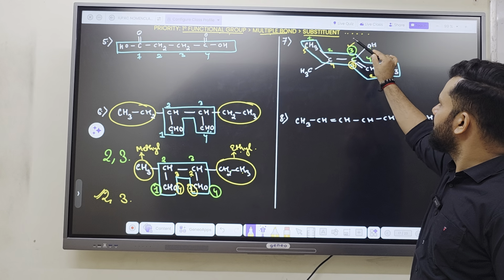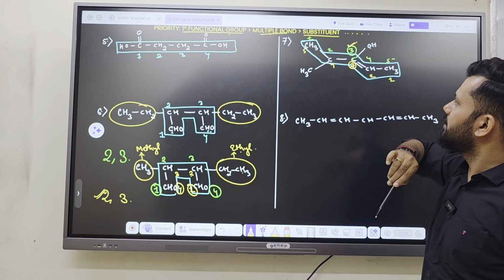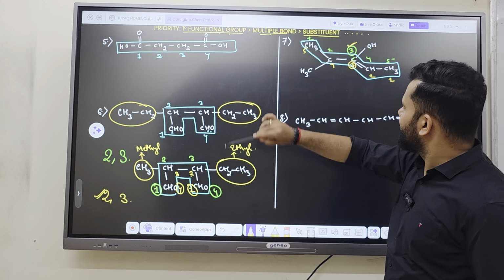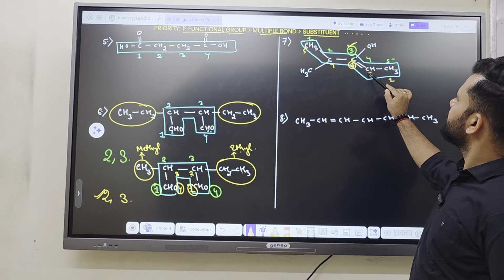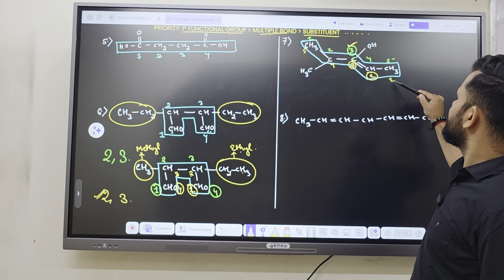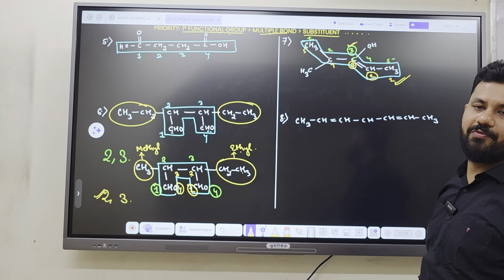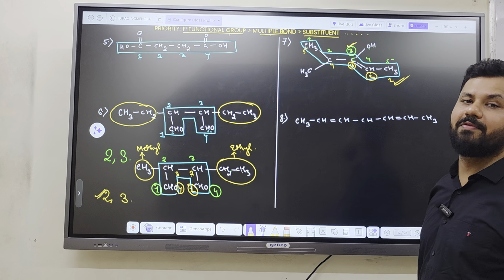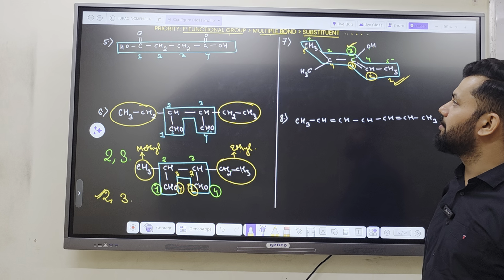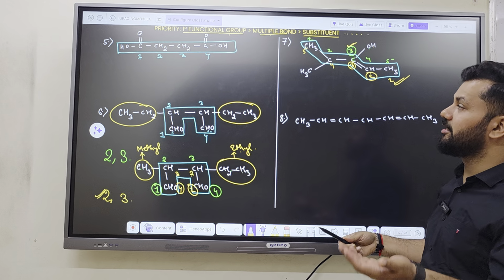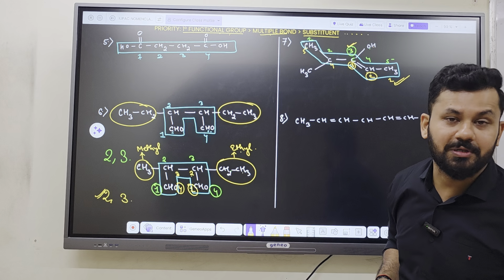So we say that the double bond is present at locant, that is number 3. And in this yellow way of numbering, we say that double bond is present at 2. So we will prefer this way, because in this case we are assigning minimum number to the multiple bond. But why did we ask about that? Why did we go to the multiple bond? Because functional group was getting the same number, either from left to right or from right to left. Fine.